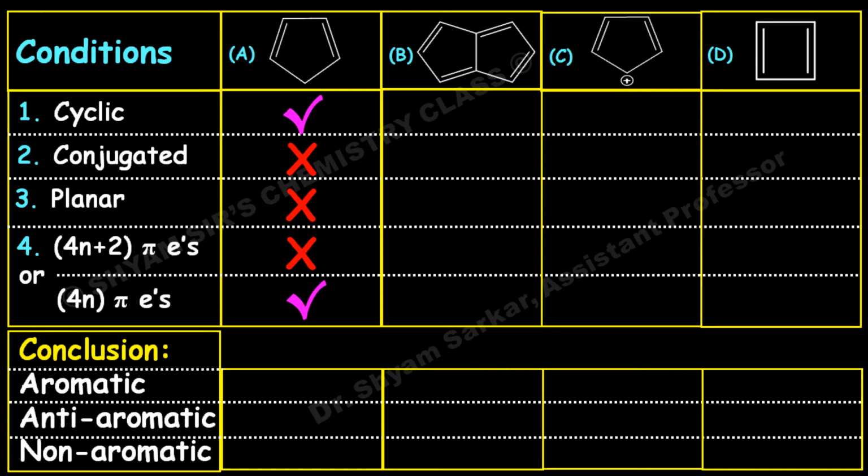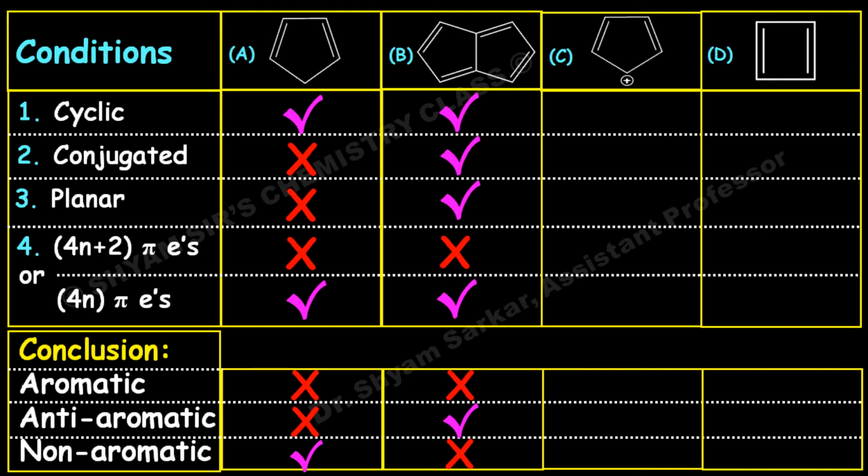That means Hückel's rule is not satisfied by this compound, so this is a non-aromatic compound. Let's move to option B. This is cyclic and has conjugated pi bonds. It is planar and obeys the 4n pi electron rule where n equals 2. So this is an anti-aromatic compound according to Hückel's rule.